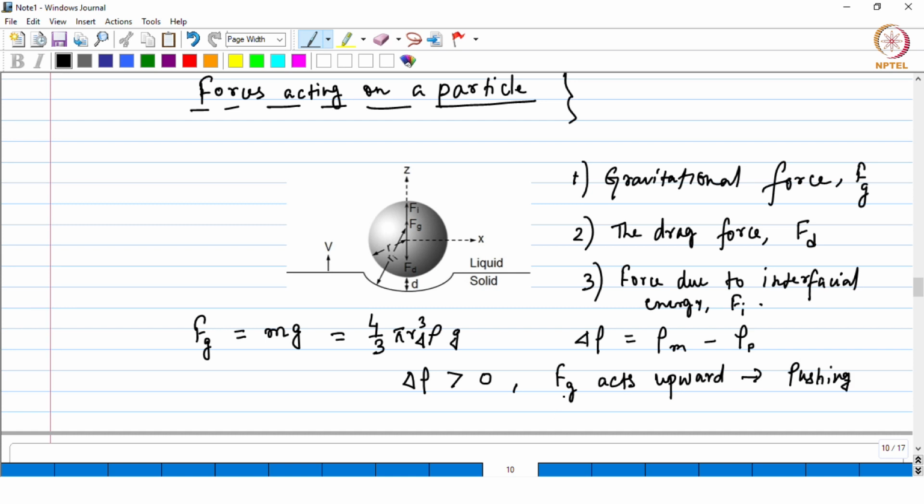Right? So this Fg acting upward is not good for uniform distribution of particles. This will rather lead to pushing or clustering of particles.